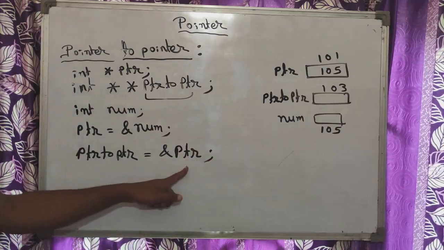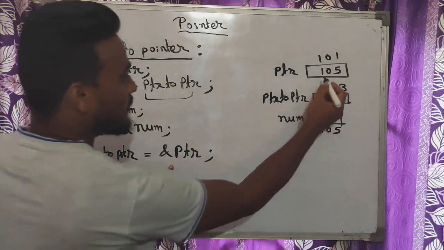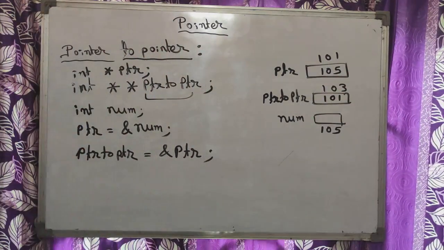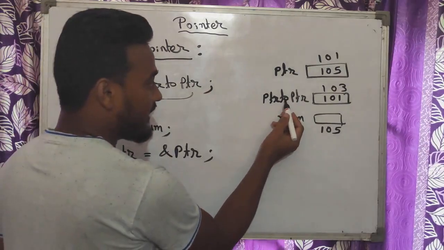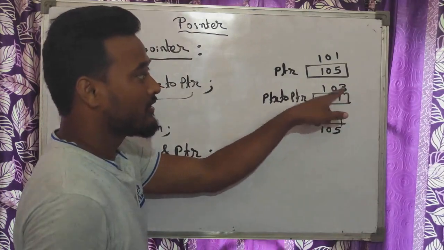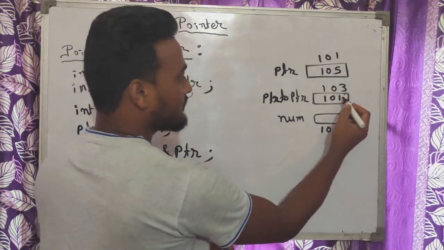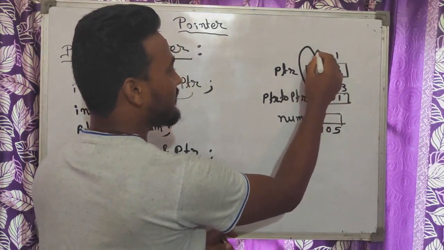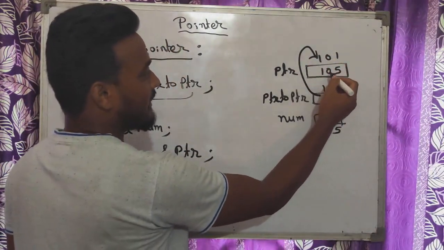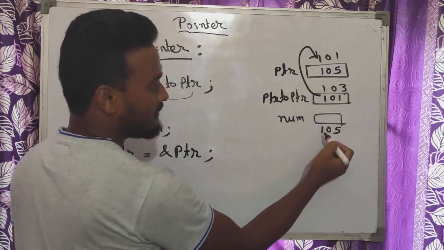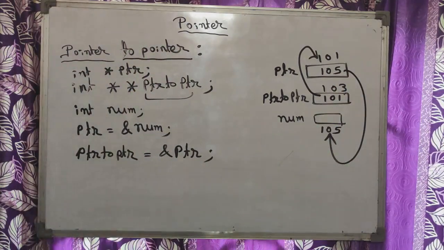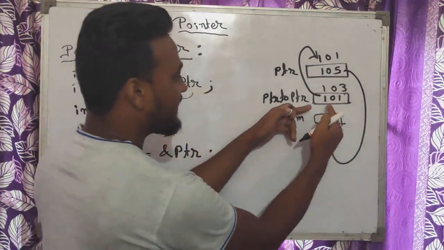So ultimately, which address is it getting? 101. Now look here: this ptr to ptr variable has the memory address 101. That means it is going to this memory address. Ultimately inside ptr, whose memory address is here? Number's. You can see here ptr to ptr is having 101.